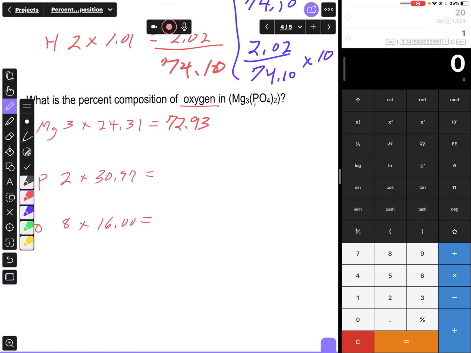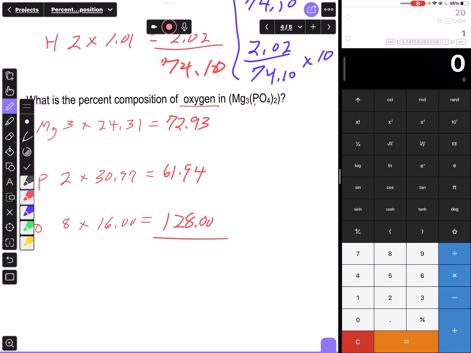For phosphorus, that's going to be 2 times 30.97. That equals 61.94. And then last, I have 8 times 16 equals 128. That'd be 128.00.